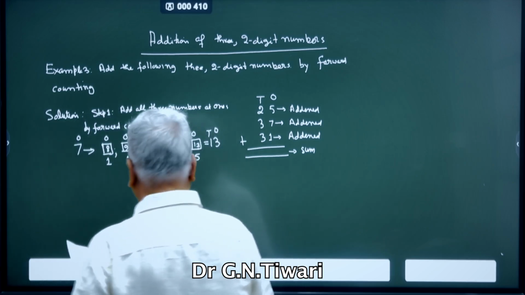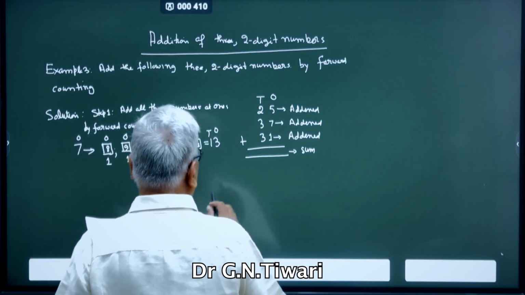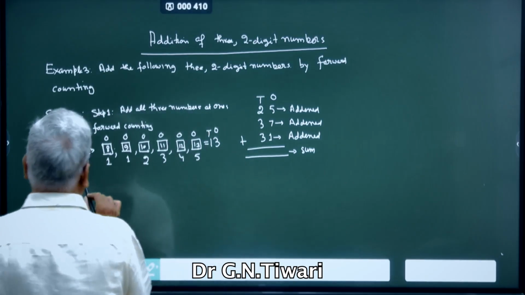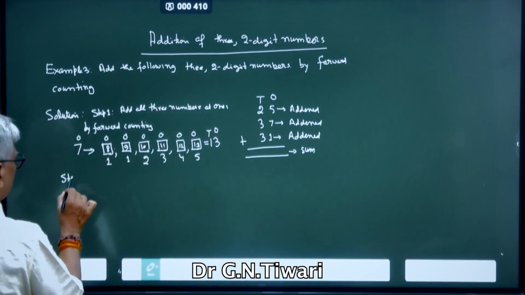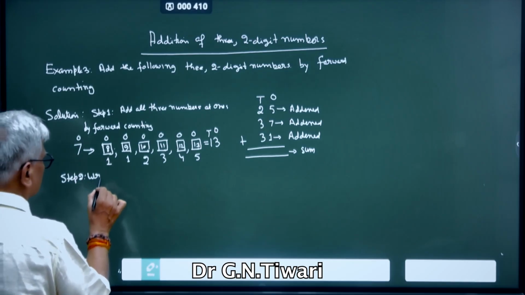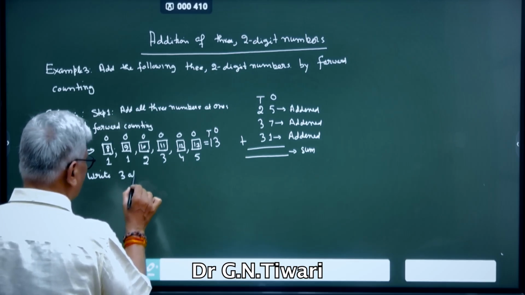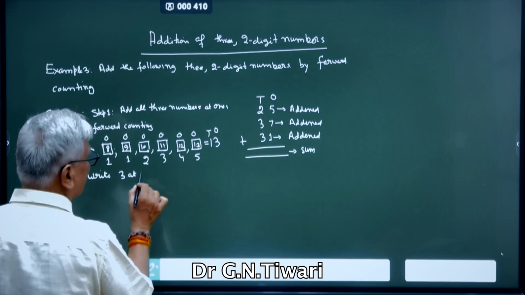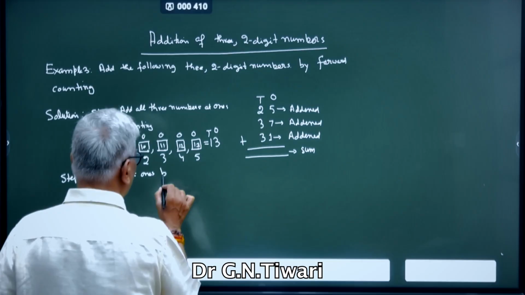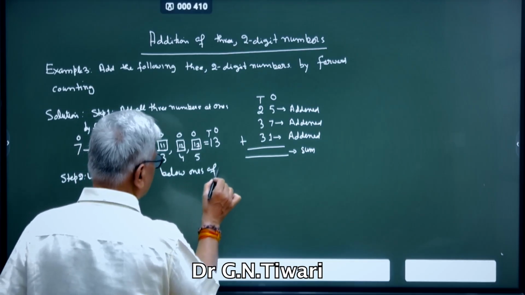Now question is that write 3. Step 2. Write 3 at once below the ones of sum.